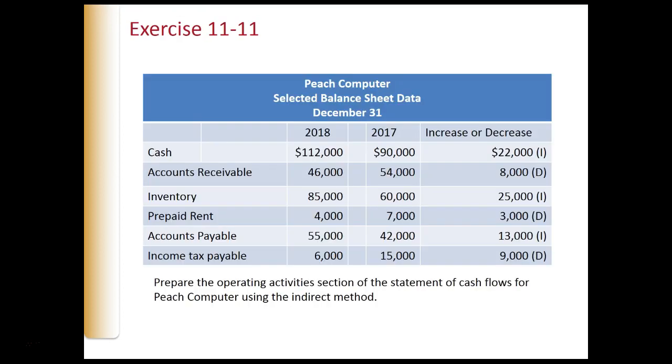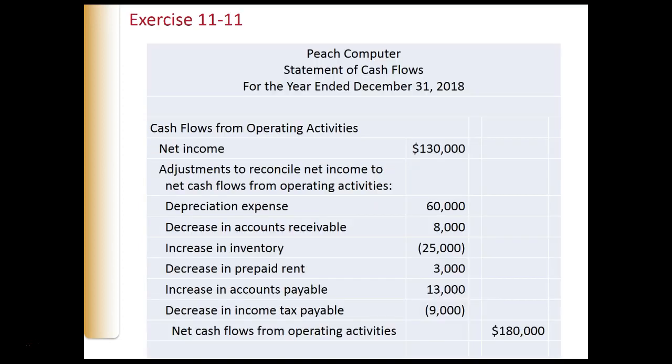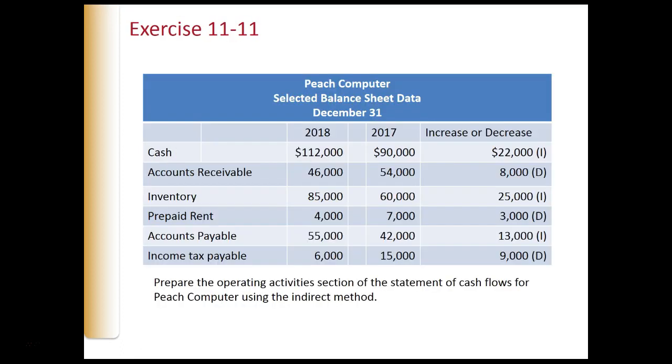Now the liabilities we're going to do the opposite of. When a liability is increased, we're going to add it. When it's decreased, we're going to subtract it. So the accounts payable went from $42,000 to $55,000. As you see, it was an increase of $13,000, we're going to add. The decrease in income tax payable from 15 to 6, we're going to subtract.